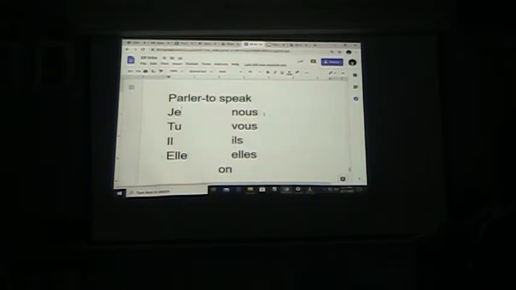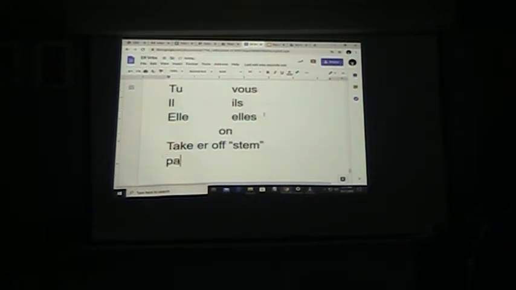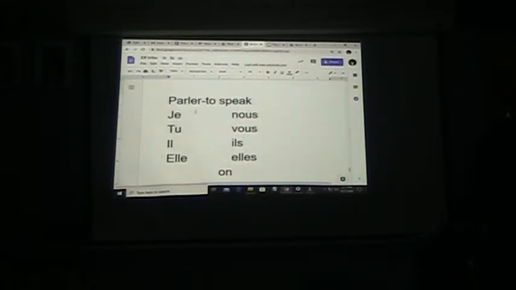So what you're going to do, everybody, is you're going to take the ER off. And when you take the ER off, you get something called the stem. And the stem of parler is just par. Is everybody with me on that? So you take the stem and you put it with each of these.